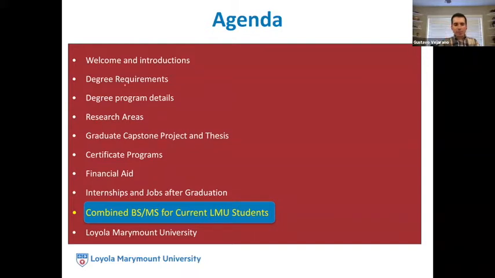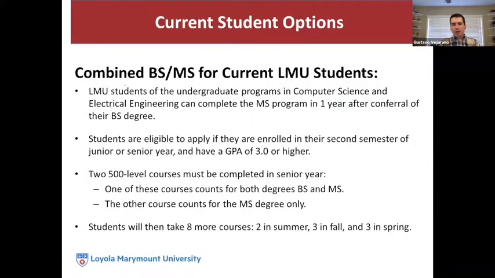And okay, so we have a program that is a combined bachelor's and master's degree. This is for students of our university. So I'm not sure this applies to you, Arvin. So I'm gonna skip this slide. Perhaps what I can say here is our student population.